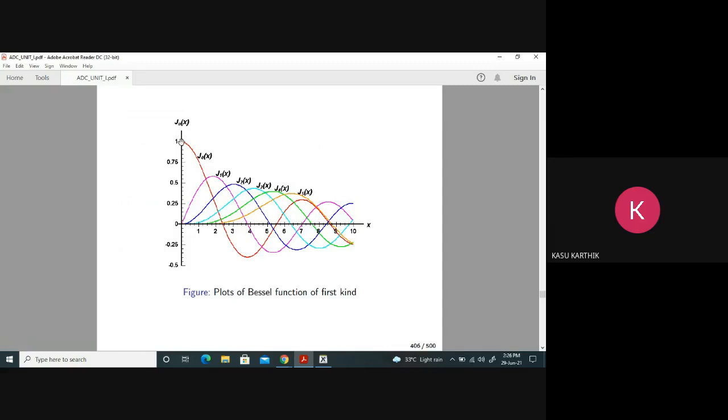You can clearly observe here, this is J naught beta. It is 0 when x equal to 2.4, again equal to 0 at around 5.5, and again at around 8.7. You observe this oscillating curve.